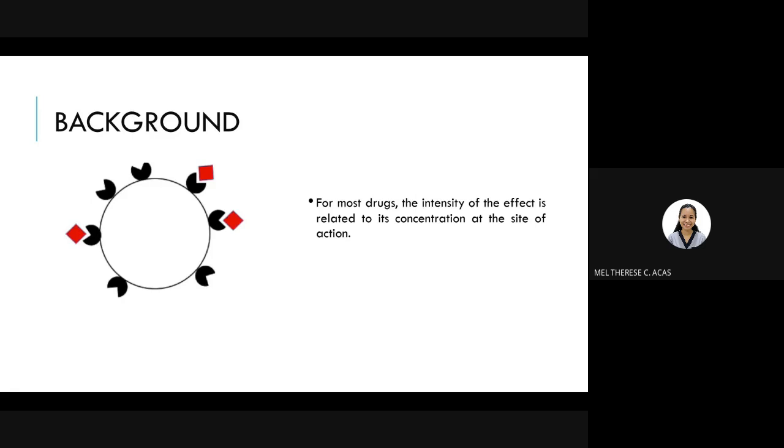So if the concentration is bigger, more receptors will bind to it. And this red diamond here is an example of the drug.